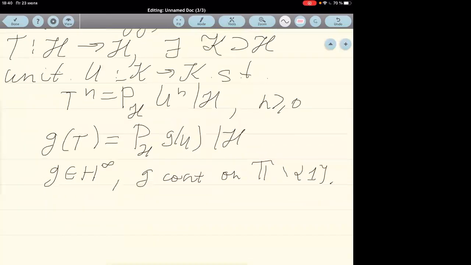Then we can consider such a functional calculus, and the von Neumann inequality says that the norm of g of T is less than or equal to the H infinity norm of g.